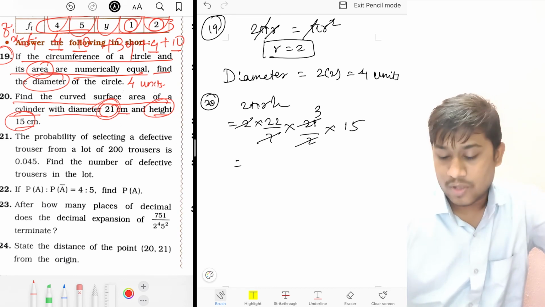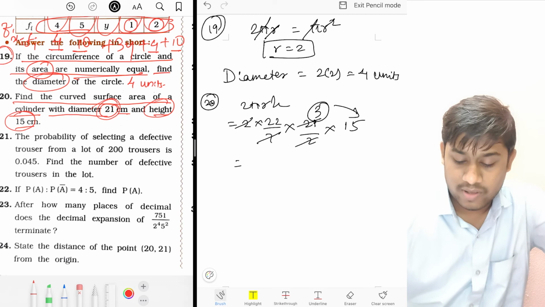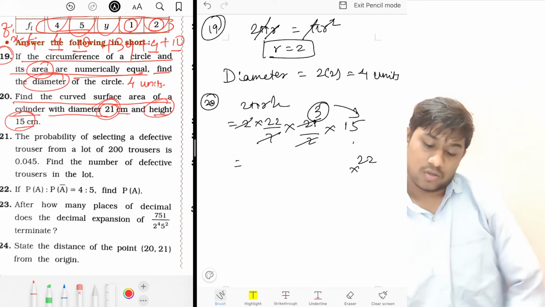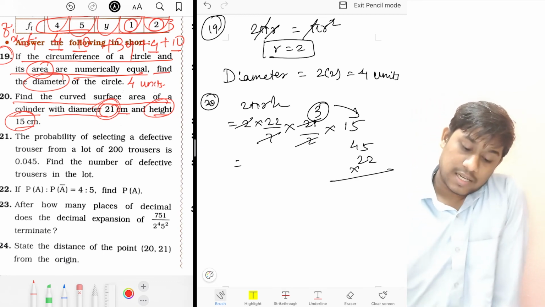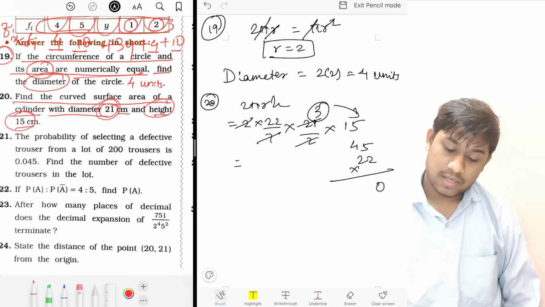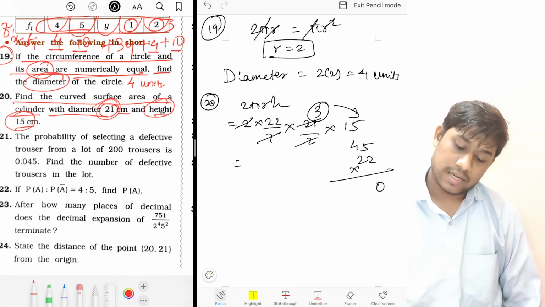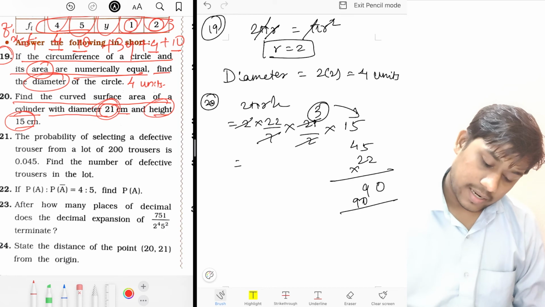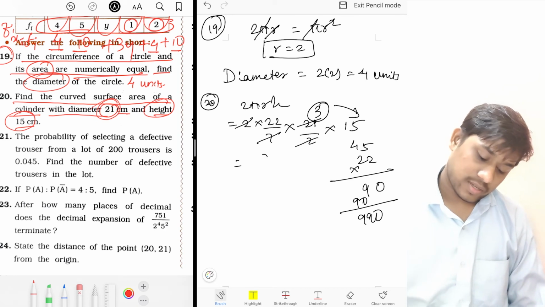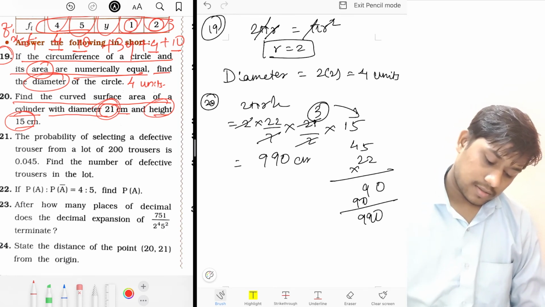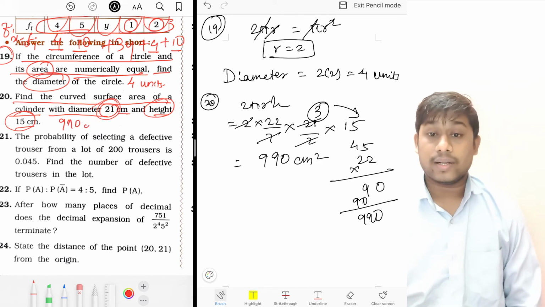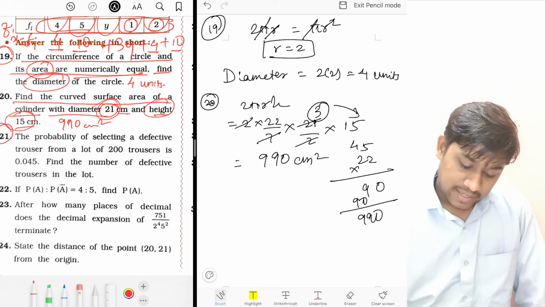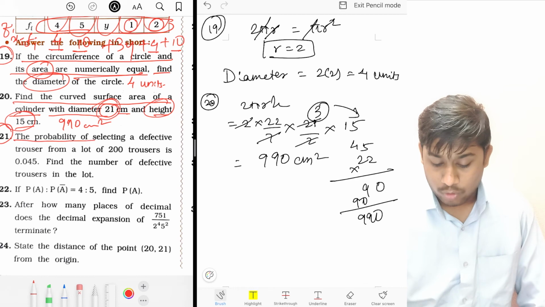So 7 3s are 21, 2 is cancelled out, and 3 15s are what we have? 45. So 22 times 45. 2 5s are 10, 2 4s are 8, 8 plus 1 is 9, so we have 990 centimeter square is your area. Good. Next question number 21.